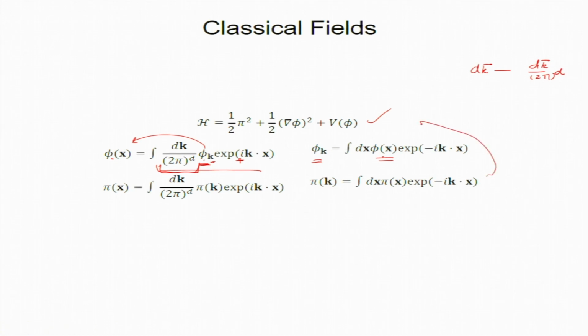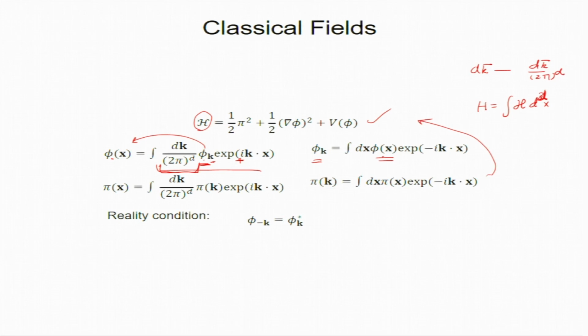Now, you can substitute it here. The total Hamiltonian is the integral of the Hamiltonian density, integral d to the power d x in d dimensions. So, I can write down the Hamiltonian in real space, or in Fourier space.